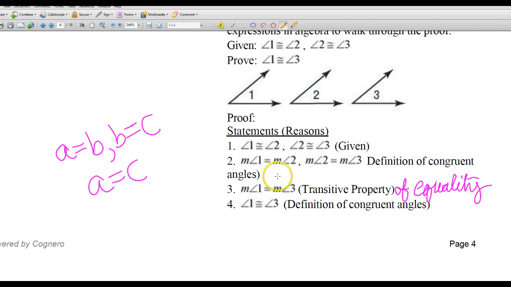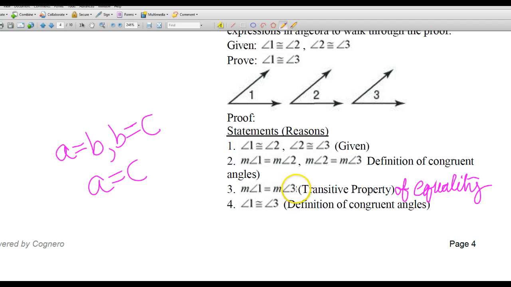So in this case, 1 is equal to 3 because in the previous step it says that 1 is equal to 2 and that 2 is equal to 3. So here's my A, my B, and my C. A equals B, B equals C, therefore A equals C. So that's the transitive property of equality.